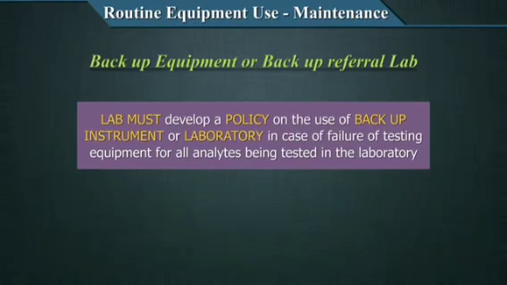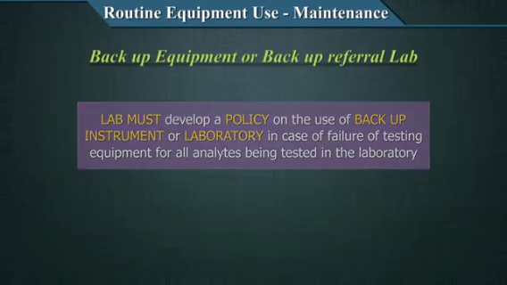The lab must develop a policy for use of backup instruments or laboratories in case of failure of testing equipment for all analytes being tested in the laboratory. So you should have a backup plan. There can be breakdowns, so what is your backup plan?